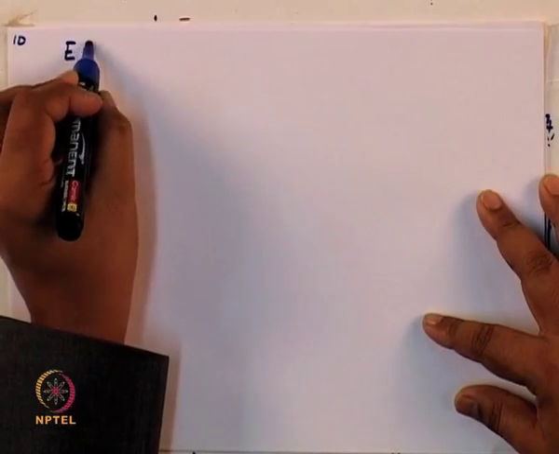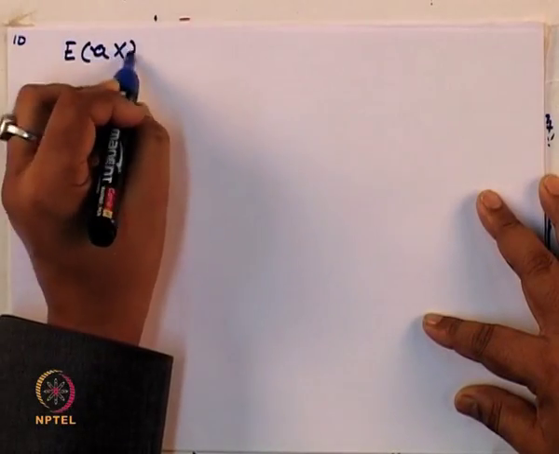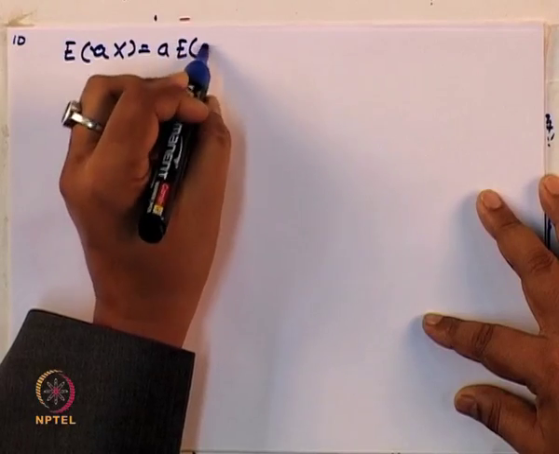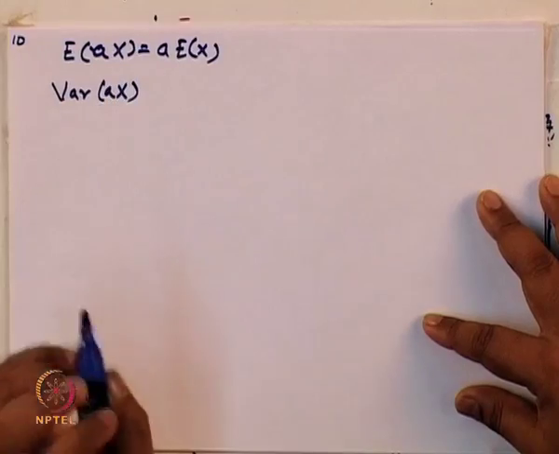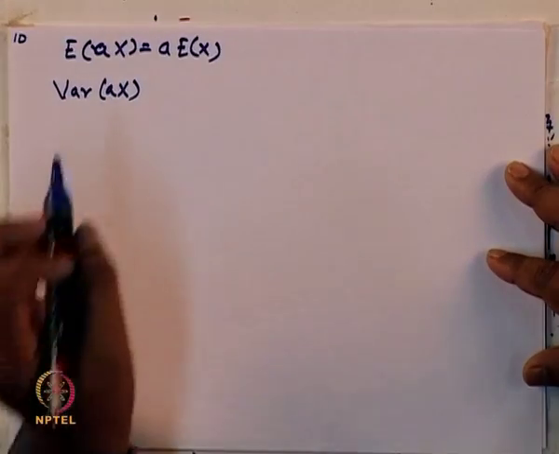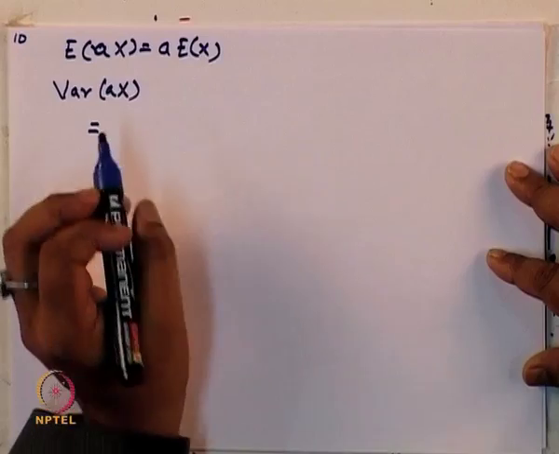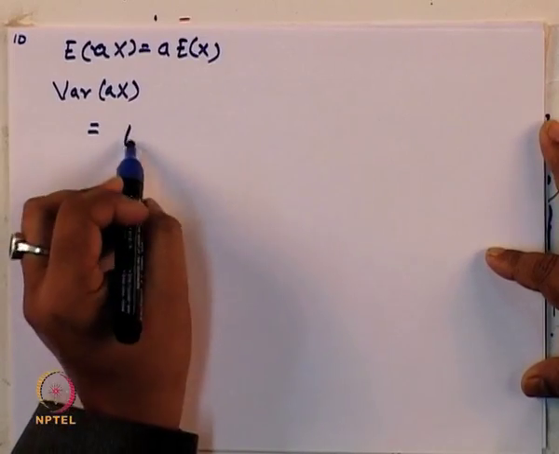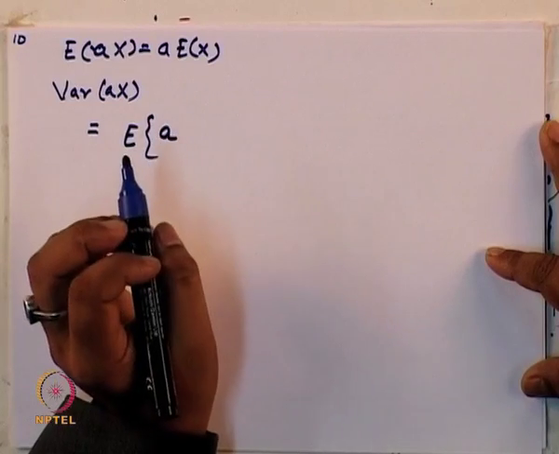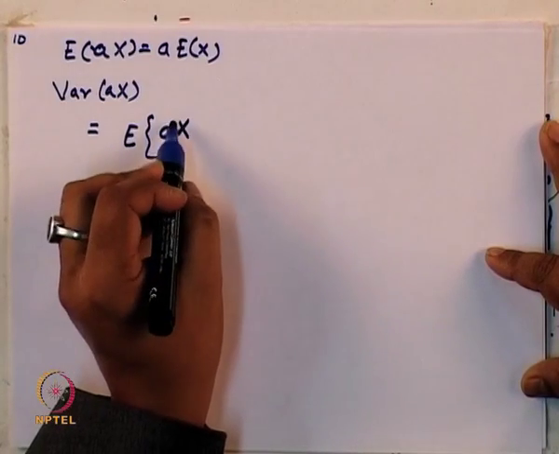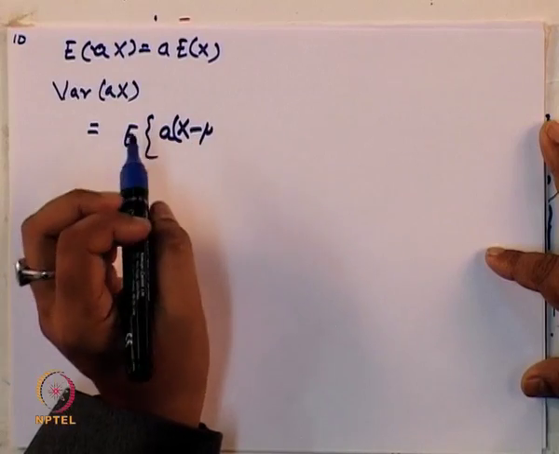So, we have the following simplifications. E of a x is equal to a E of x. What about variance of a x?